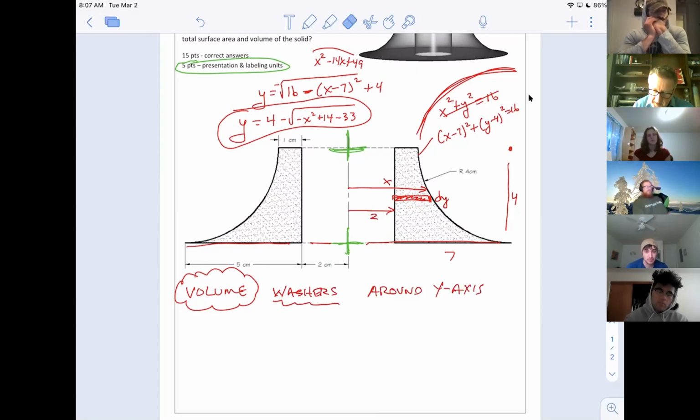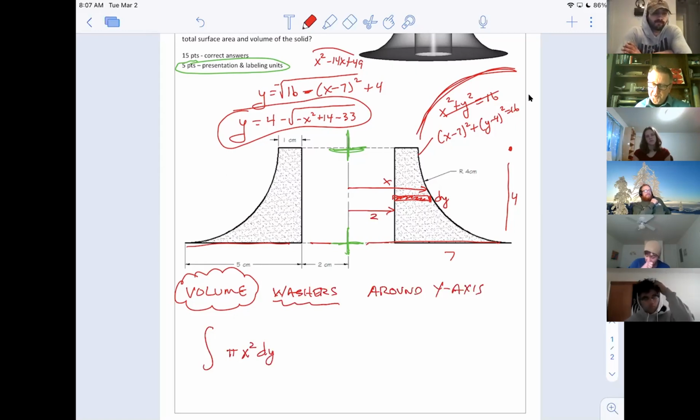So the outer washer is pi times radius squared times height, minus the inner washer, which is pi times radius squared times height.